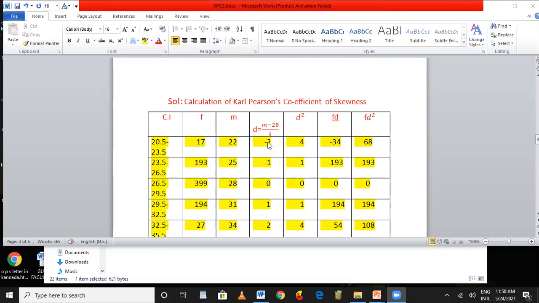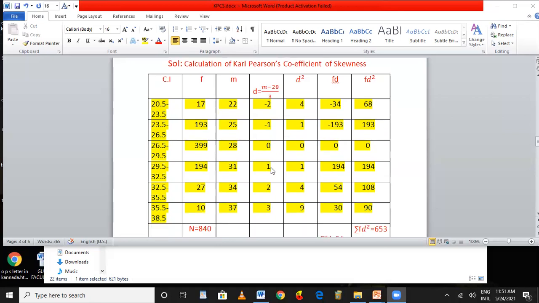Frequency has been given. Here the deviations are m minus 28, where 28 is the assumed mean. Then 22 minus 28 is minus 6; minus 6 divided by 3 is minus 2. 25 minus 28 is minus 3; minus 3 divided by 3 is minus 1.